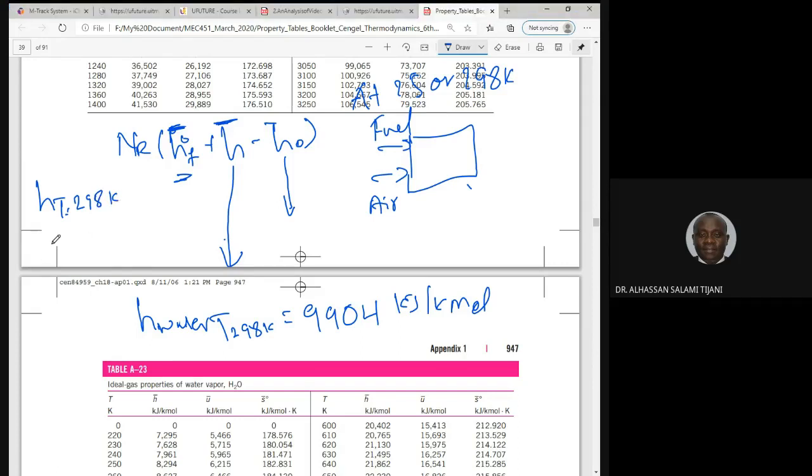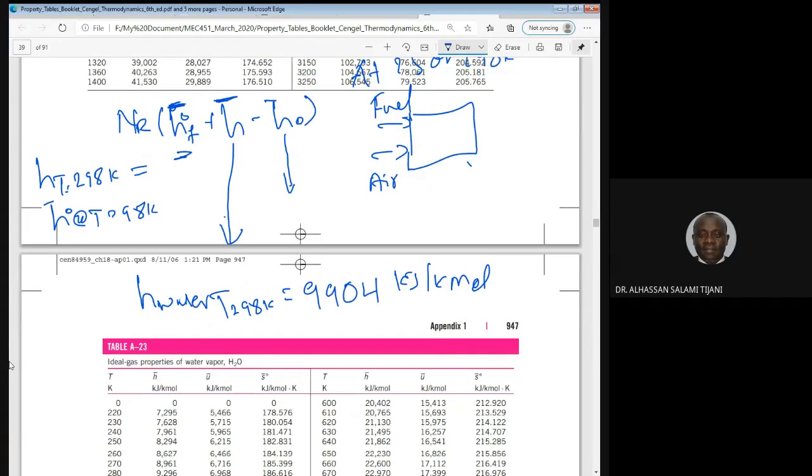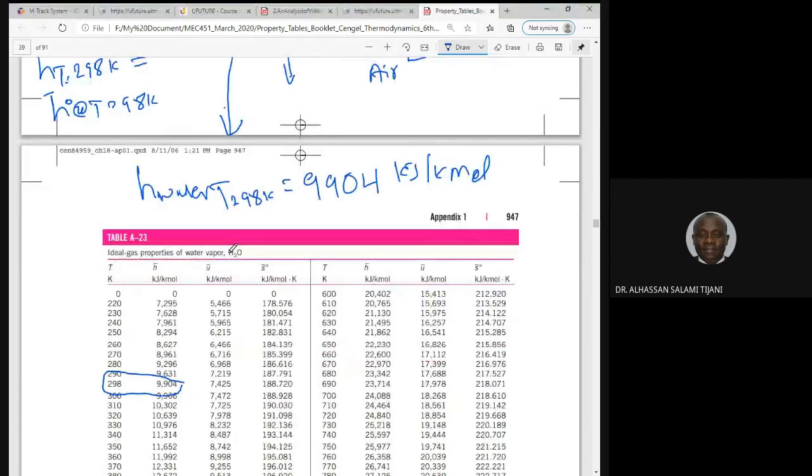Similarly, the standard state is the same, at a temperature of 298 Kelvin. So this enthalpy, which we have already noted, is given by this. It means H naught bar is the same as H at a given state. You understand me?